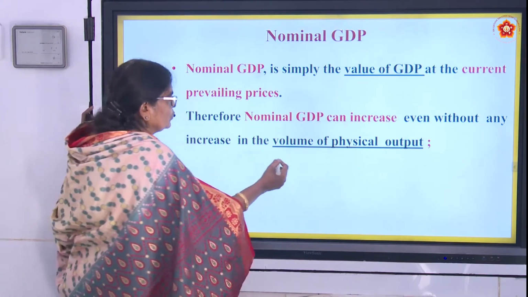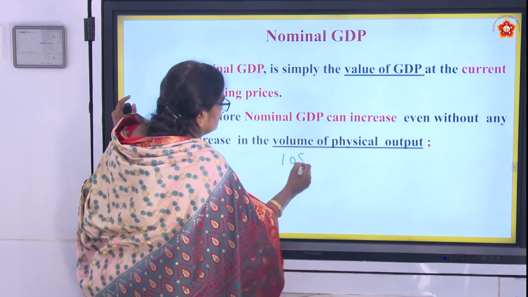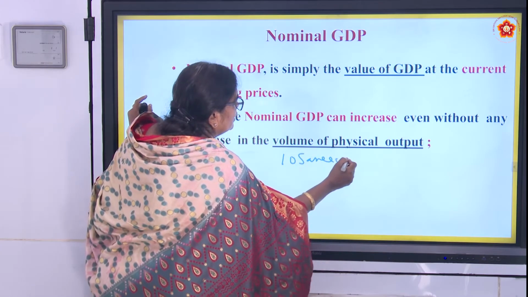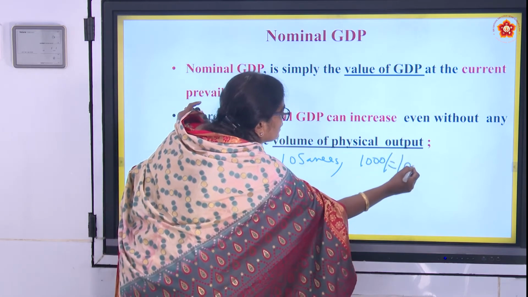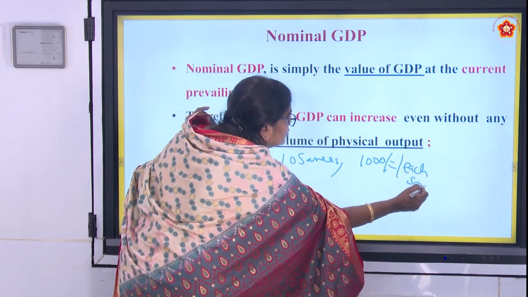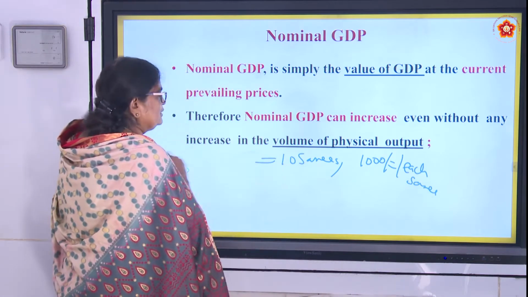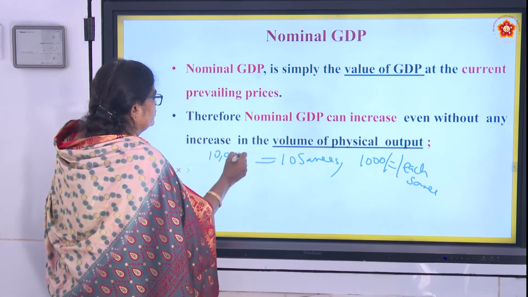For instance, I told you 10 saris at the rate of 1,000 rupees per sari. Now, what is the GDP? 10,000.